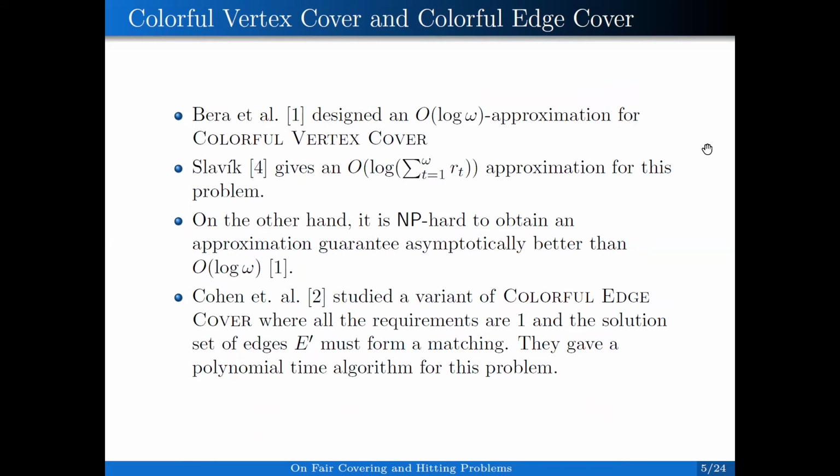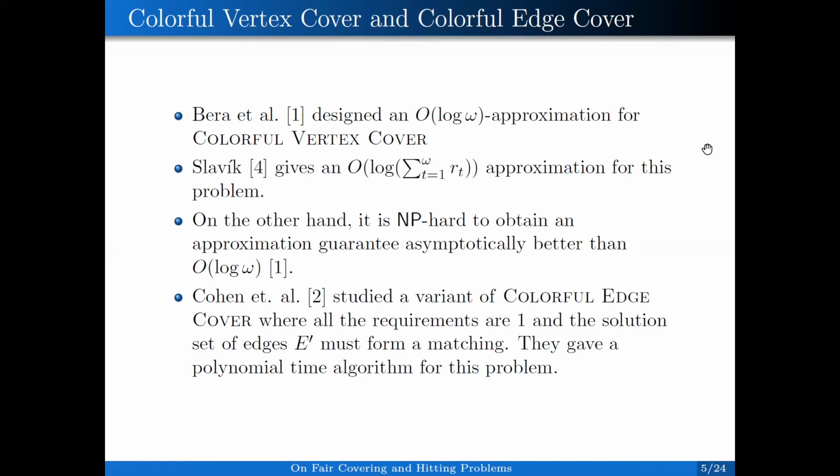So these two problems are generalizations of vertex cover and edge cover respectively. So they are as hard as those non-fair versions of the problems. Indeed, colorful vertex cover is a well-studied problem, and Bhore et al. obtained an order of log omega approximation for this problem where omega is the number of colors.